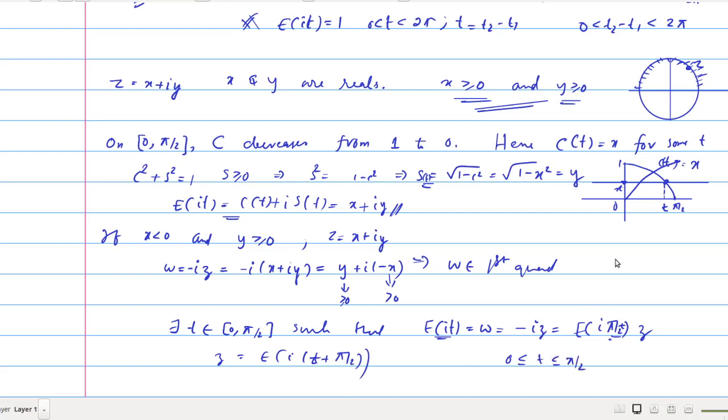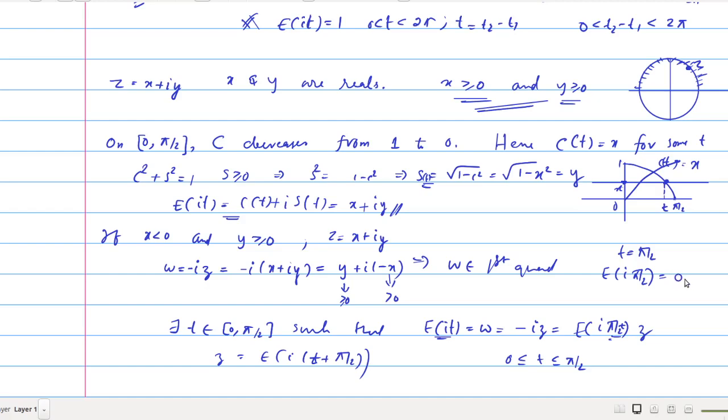Okay, what happens when t is equal to pi by 2? That is the next condition. If t is equal to pi by 2, then what is z? e to the power i pi by 2 is equal to cos of pi by 2 plus i sin of pi by 2.